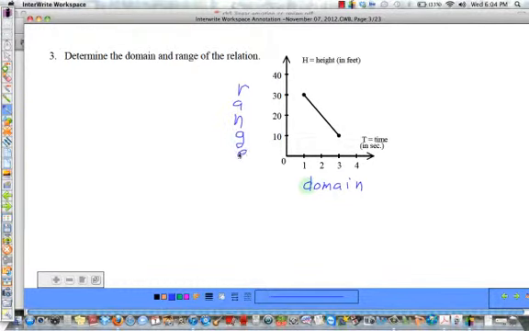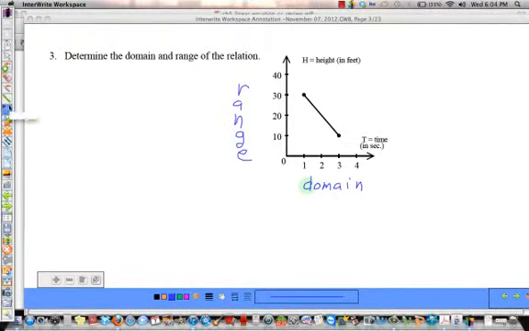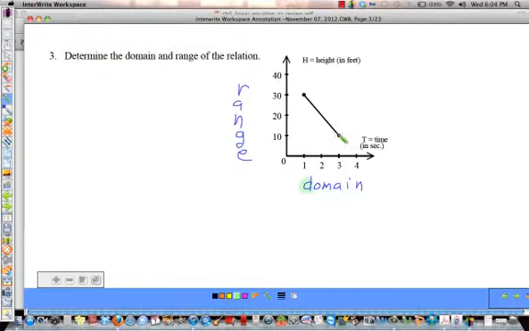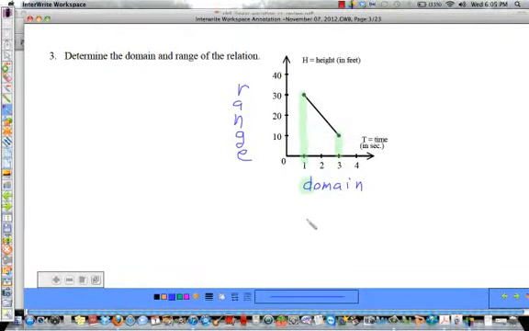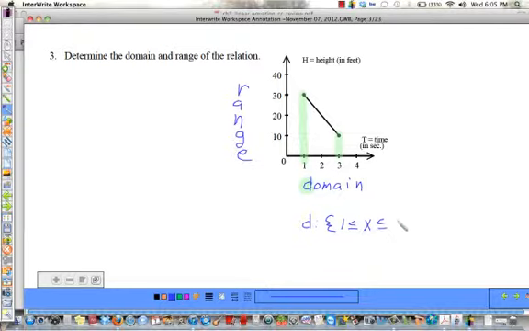And your range goes up and down, so that is your side numbers. So from our points, we look straight down for the domain, and that ranges between 1 and 3. So our domain is the set where 1 is less than or equal to x, which is less than or equal to 3.